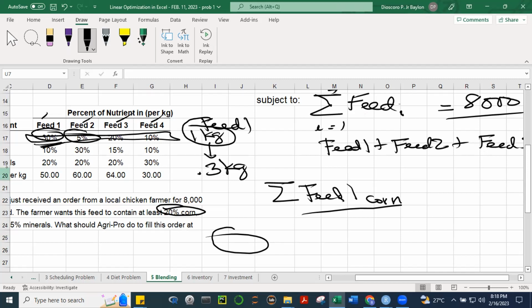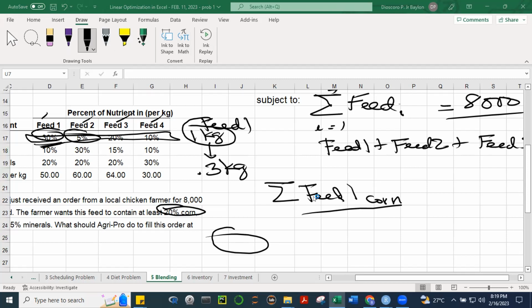Okay. So how much corn are we going to generate for feed 1, class? 30% for feed 1.